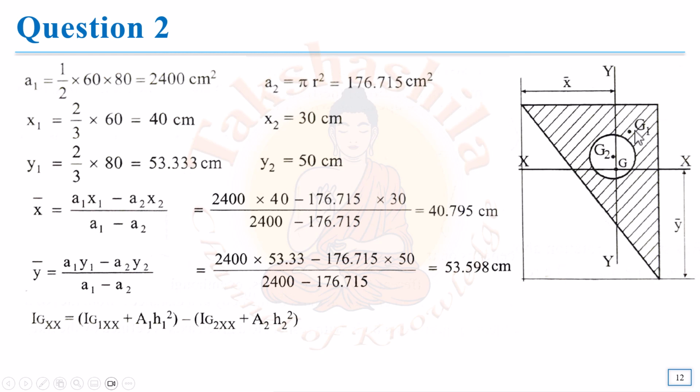Once I get that, I can transfer that to the parallel x-axis using the parallel axis theorem: Ig1 xx plus a1 into h1 square, where Ig1 xx is the moment of inertia of my triangle about its own centroidal x-axis, a1 is the area of the triangle, and h1 square is the square of the distance between the centroidal axis of my triangle and the centroidal axis of the shaded region, which we have located now.